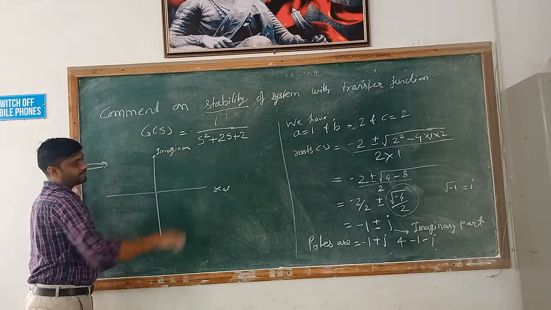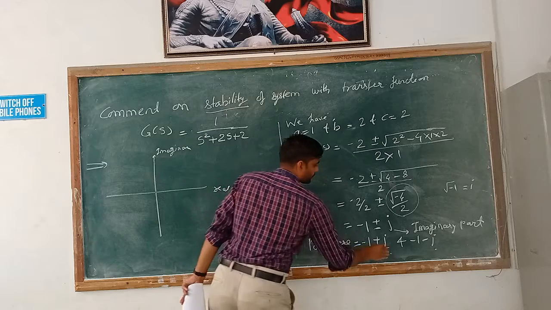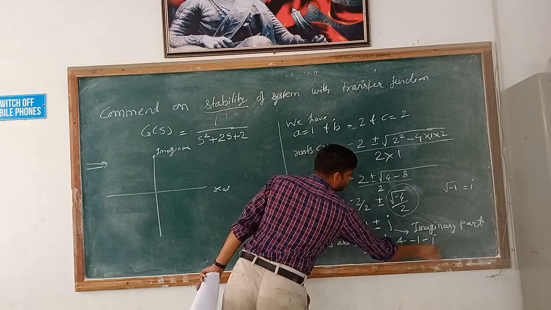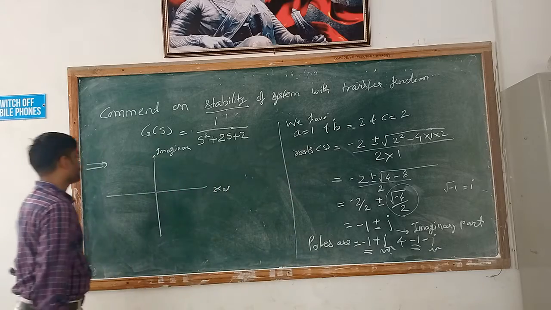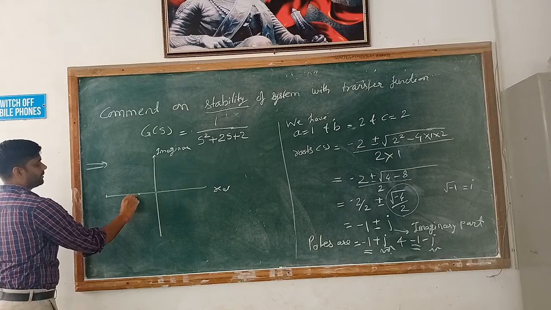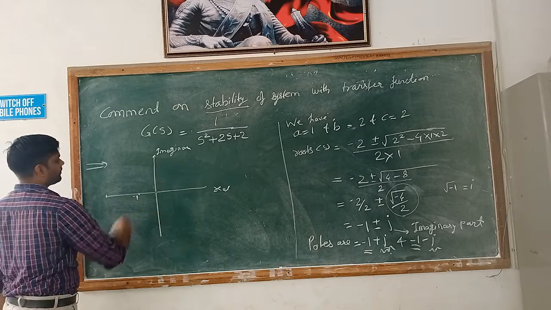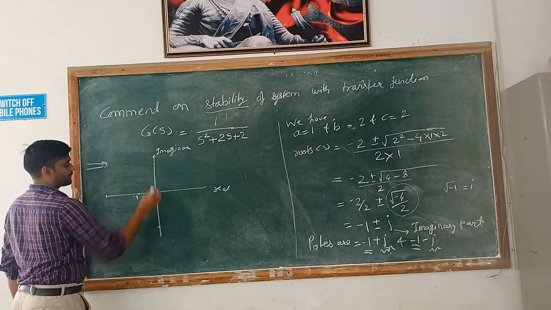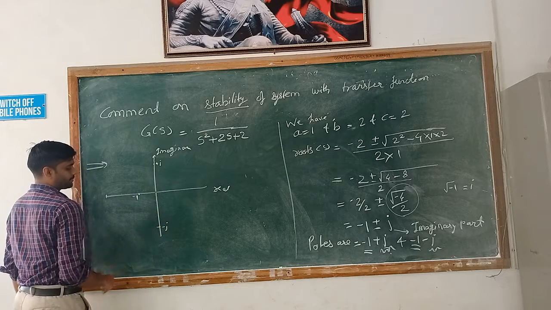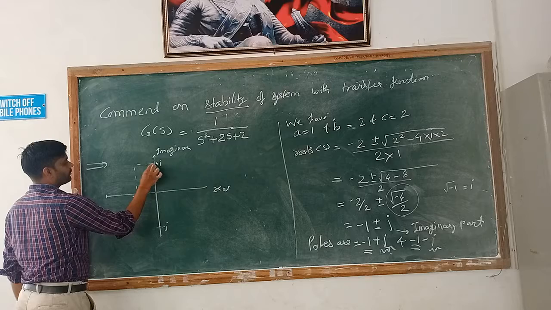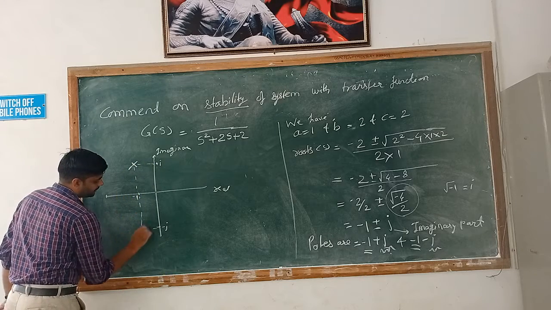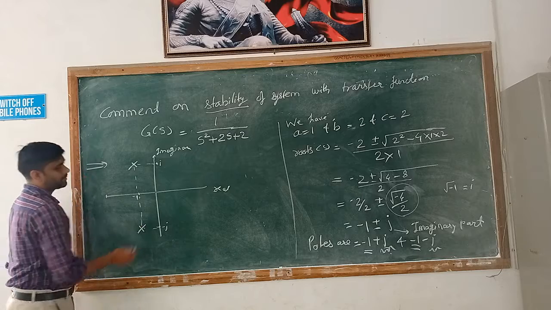Here our pole has this real portion which is negative and imaginary portion which is both positive and negative. So here this -1, and this j part will be this. This is positive j, this is negative j. So our two poles, one pole -1 plus j will be here and -1 minus j will be here.